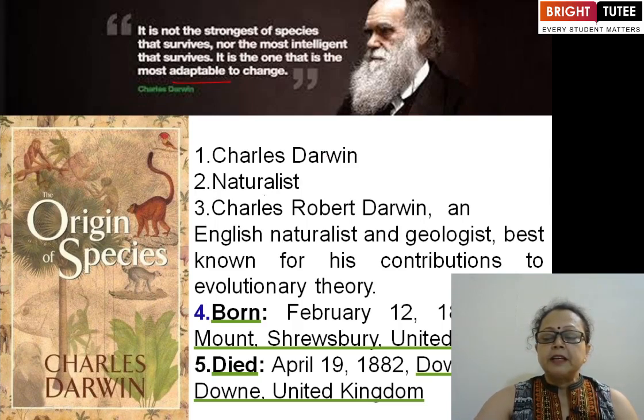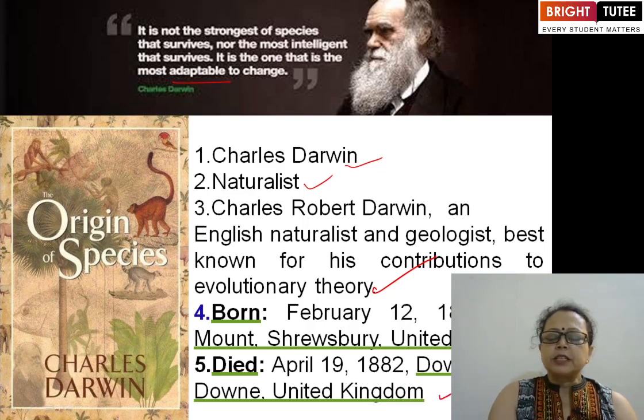Charles Darwin was a naturalist. Charles Robert Darwin was an English naturalist and geologist, best known for his contributions to evolutionary theory. He was born on February 12, 1809, in Shrewsbury, United Kingdom, and died on April 19, 1882, at Down House, United Kingdom.